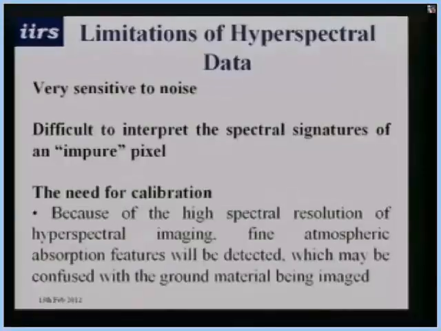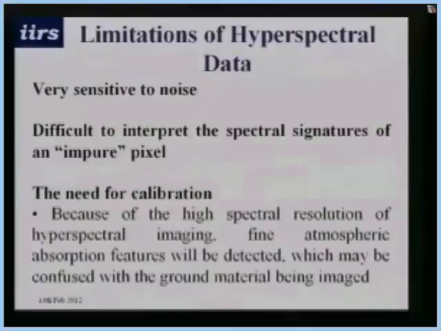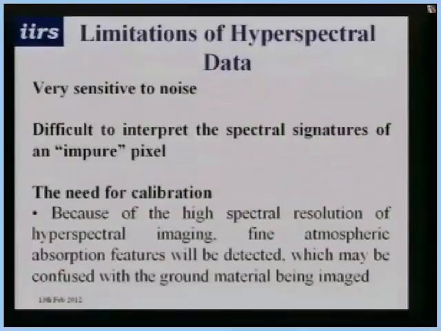Then there is the need for calibration. Because of the high spectral resolution of hyperspectral imaging, fine atmospheric absorption features may be detected which may be confused with the ground material being imaged.